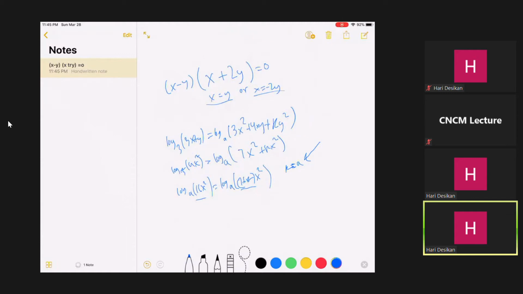And in that case, we have log 3 of negative 5y equals log 9 of (12y squared plus 4y squared plus ky squared). 12 plus k.